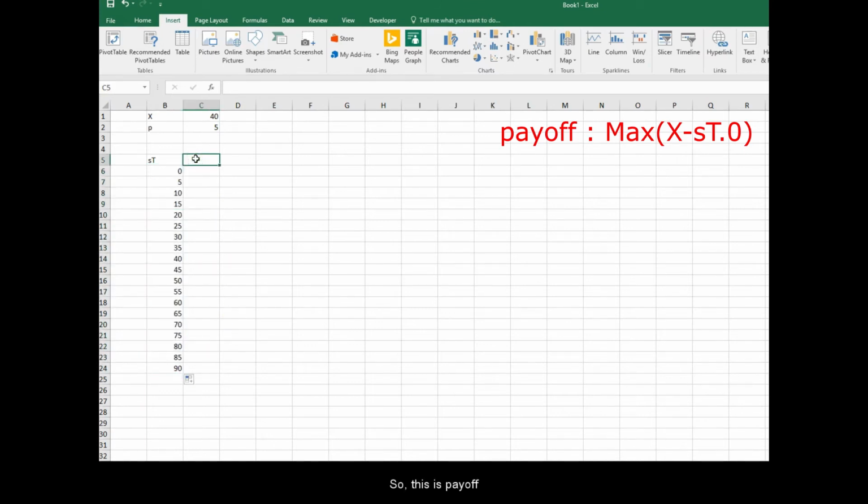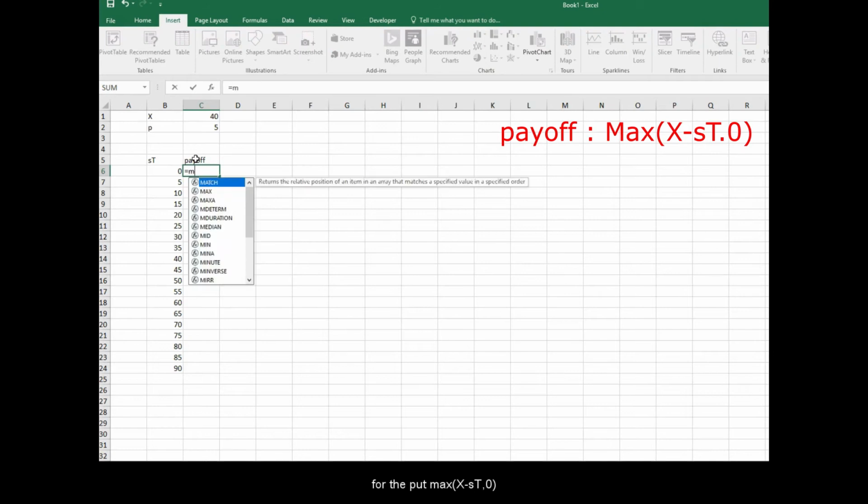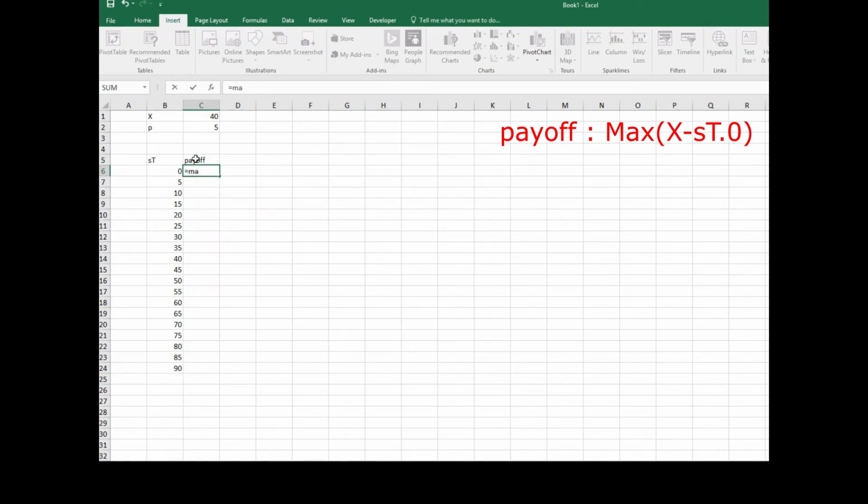So this is the payoff for the put, equal to max of exercise price minus terminal stock price, and 0.